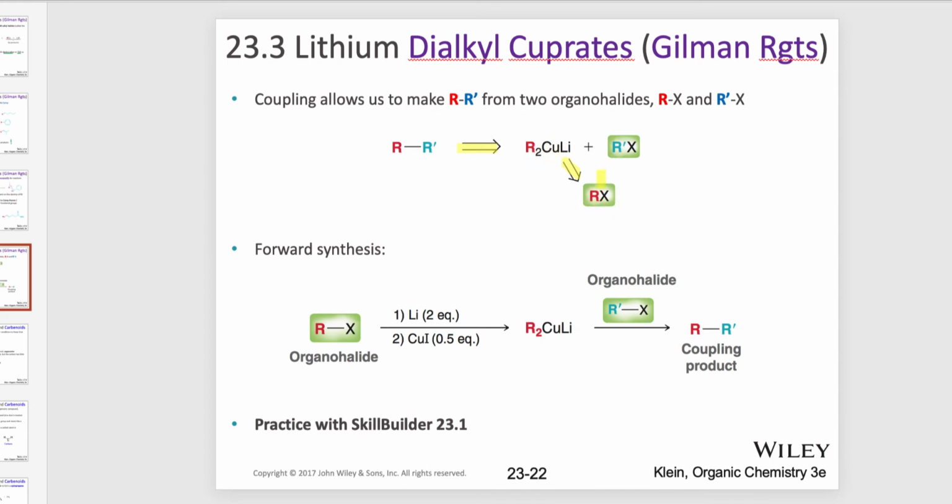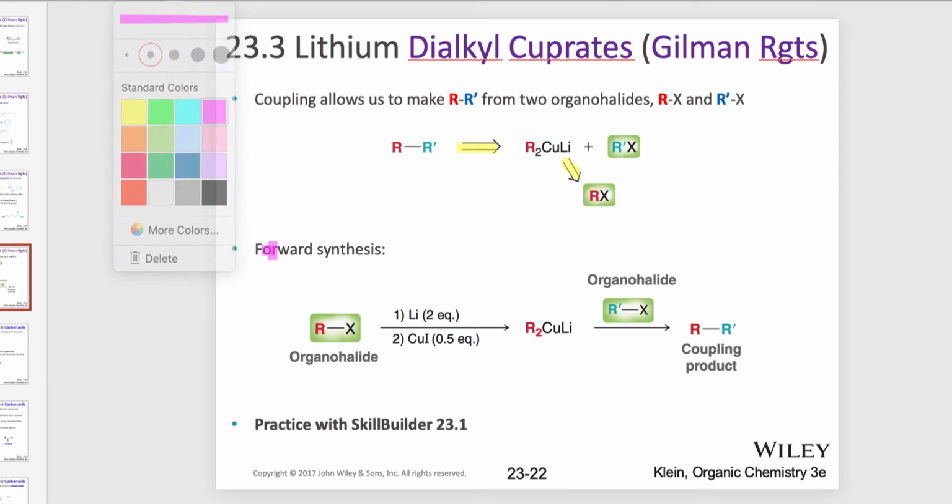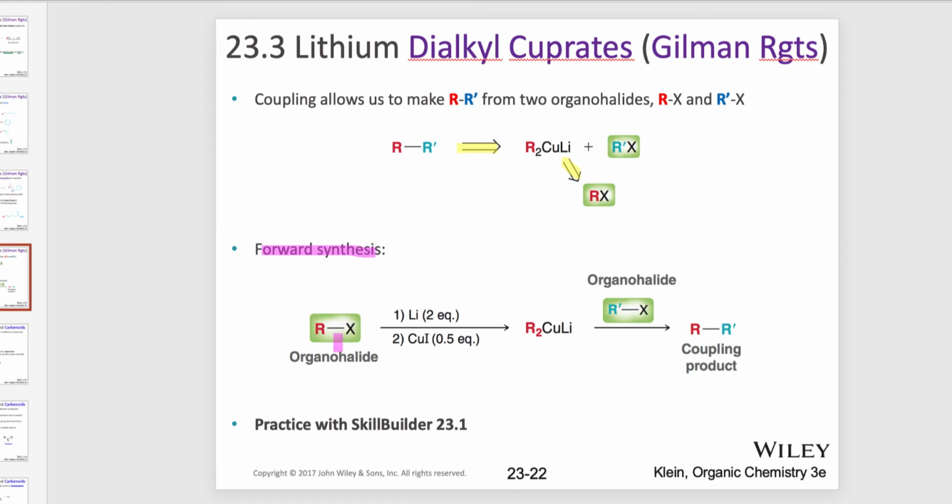We just have to modify the R groups. So as we're looking at the forward synthesis, all we do is treat an organohalide, make the organolithium, then we prepare the cuprate, and then we take another organohalide to now get the coupling product. And I encourage you to practice some more examples in the skill builder section.